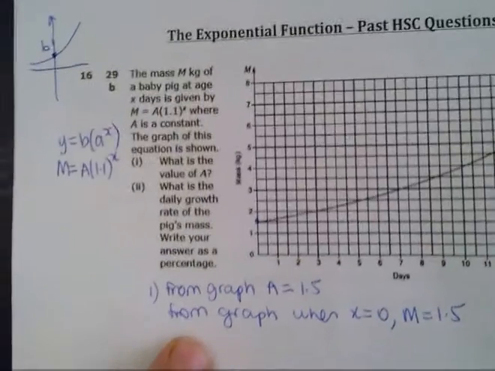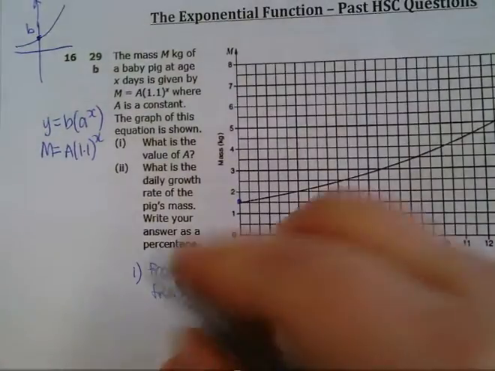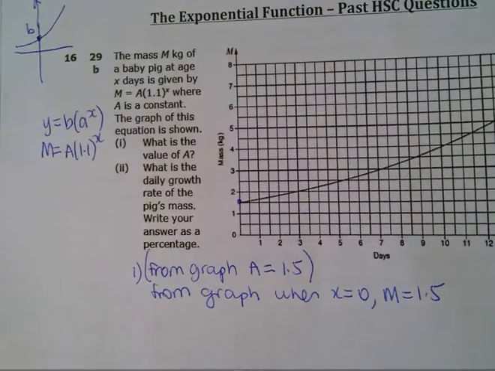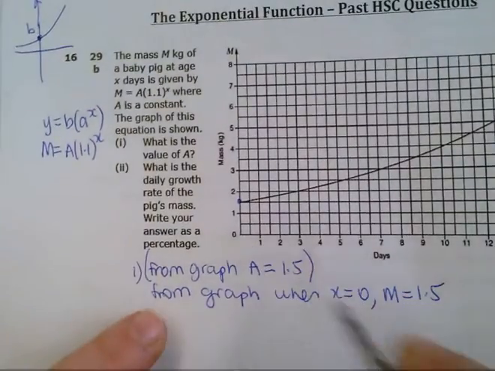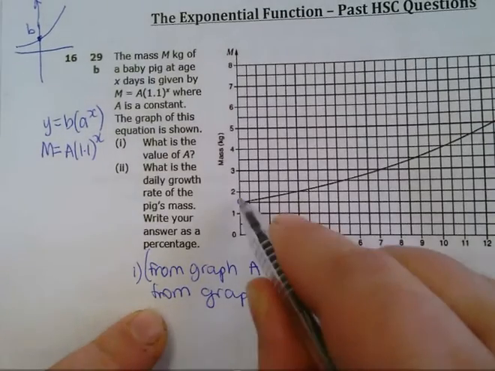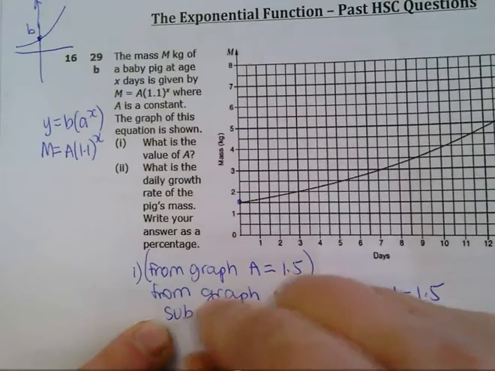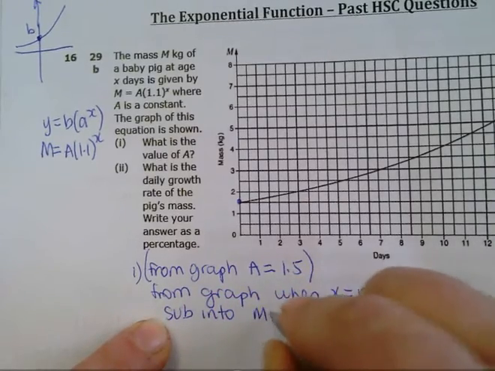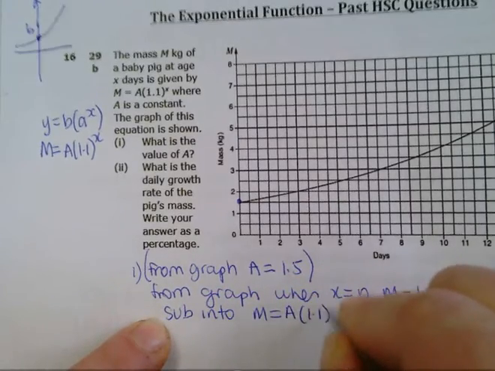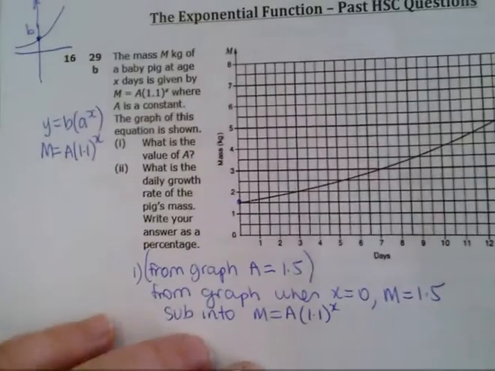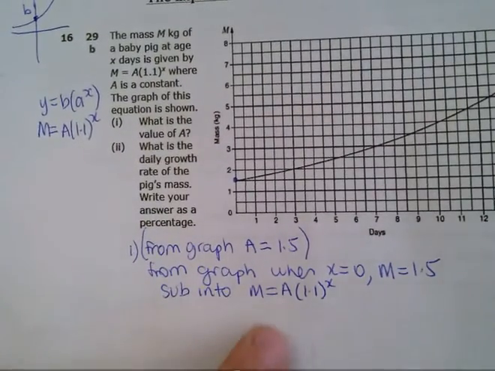So for those that know the form of the exponential function and know that it cuts through at B, you'll be able to say that A is 1.5. If you forget that, what you can read from the graph is that when X is 0, M is 1.5, and substitute into M equals A times 1.1 to the power of X. That's the other way we can do it, if you want to do it by substitution.